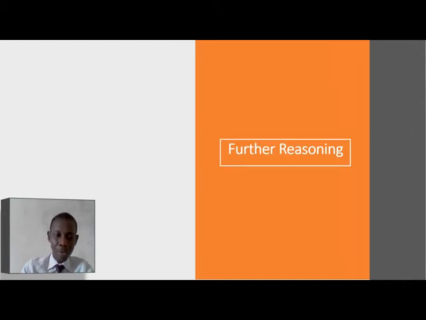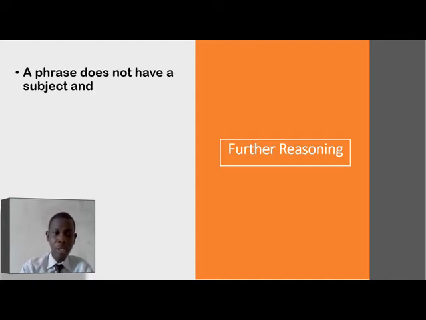To reason further, let's think deeper about this phrase and this clause. As I said earlier, a phrase does not have a subject and a tense because it has no finite verb. No matter what, you may see a verb there, you may not see a verb. That is what it means. It's a group of words that has no finite verb. The only thing that will not be there is a finite verb.